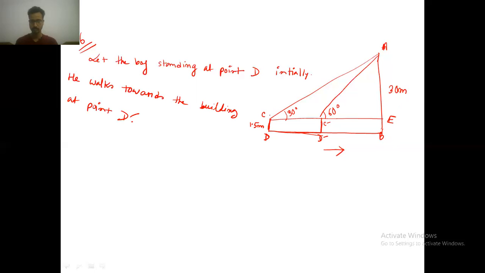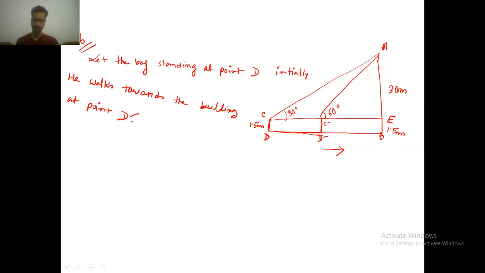Because BDCE is one rectangle. So we know that in the rectangle, the opposite sides are equal. So your CD will be equal to BE and BD will be equal to CE. Yes or no? That means BE will be also equal to 1.5 meter.